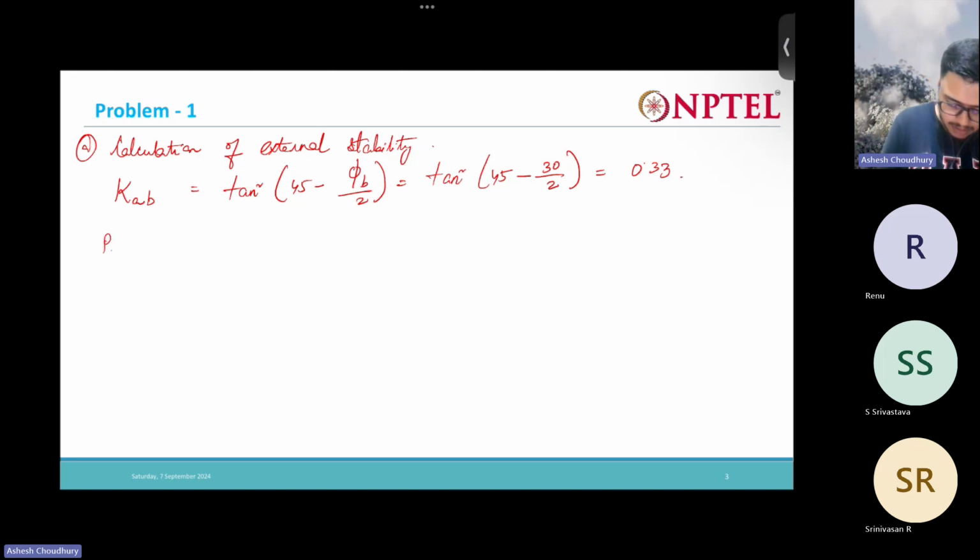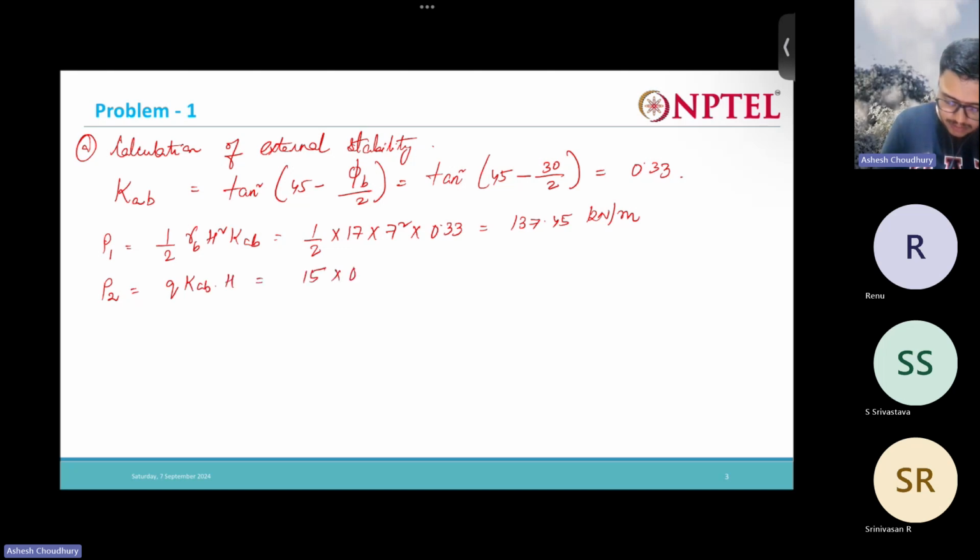So P1 is half into 17 and so on, which comes to 34.65.